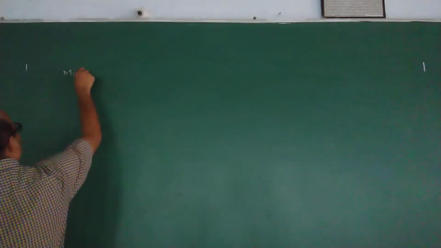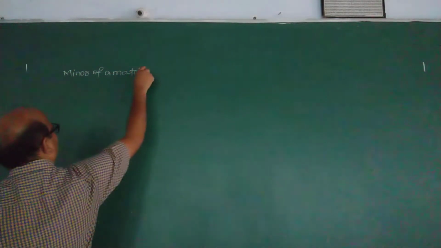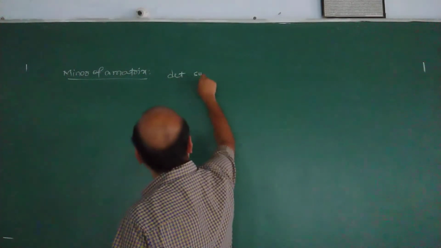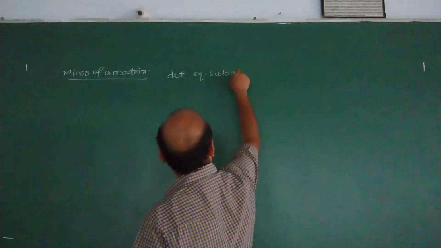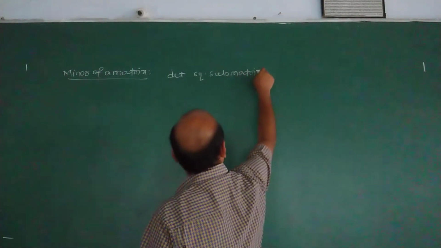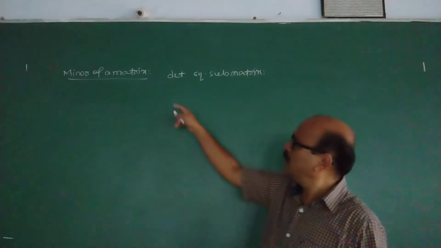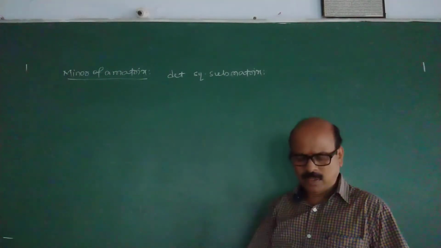Now, therefore, what is minor of a matrix? Minor of a matrix is the determinant of square submatrix. It is important, square submatrix, because only square submatrix has a determinant. Minor of a matrix is determinant of square submatrix.